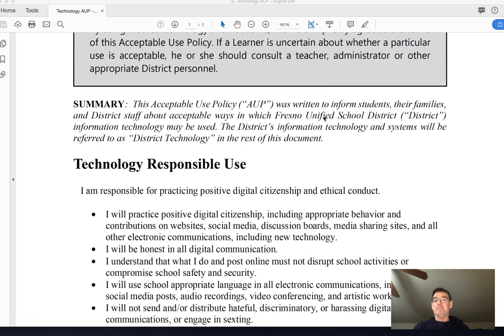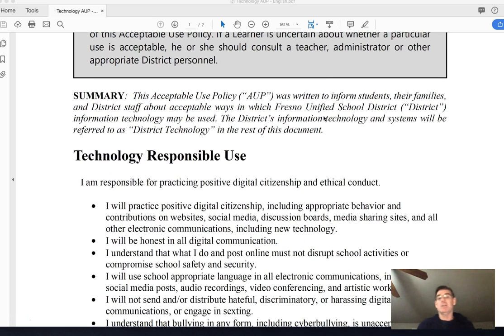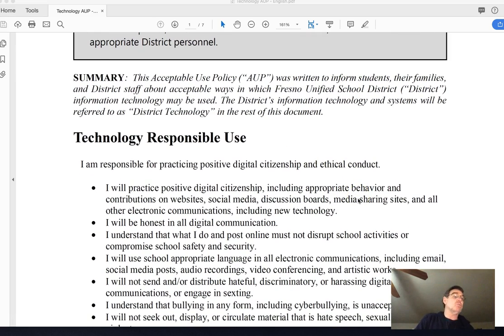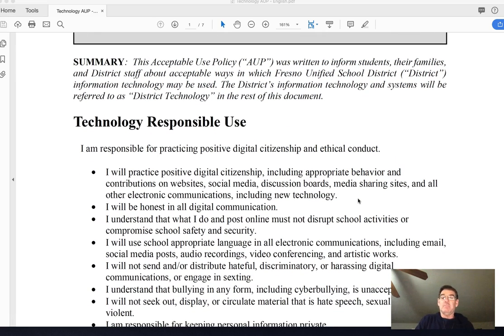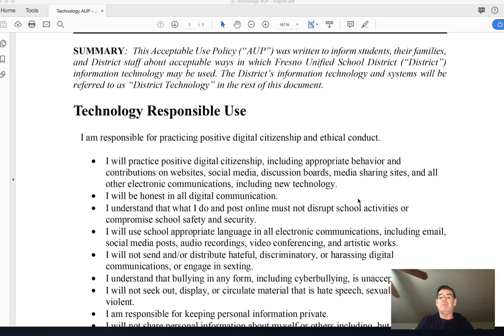So basically, it says that you are going to be responsible for practicing positive digital citizenship and ethical conduct, which means that you're going to follow the rules of Fresno Unified and what they've set out.